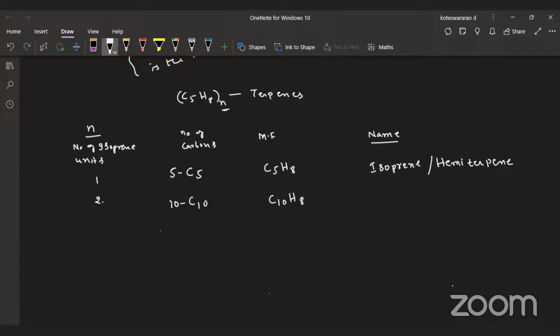Then what is the name? Monoterpene, or simple terpene.